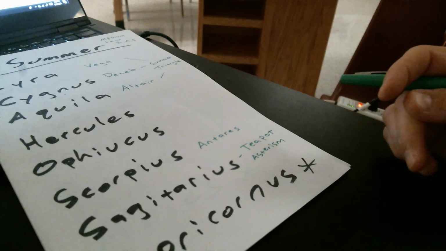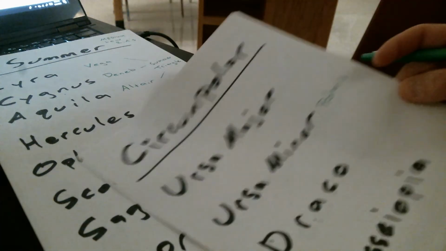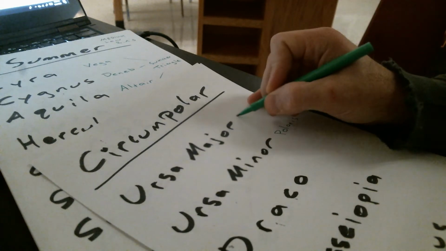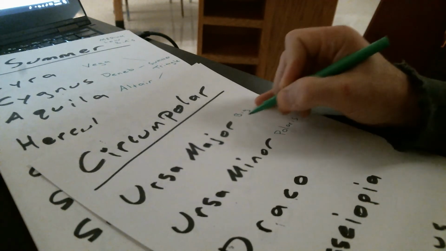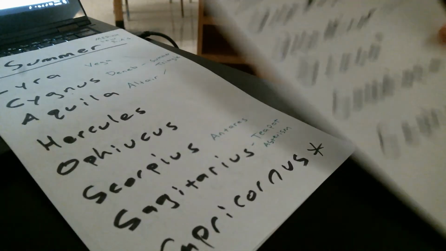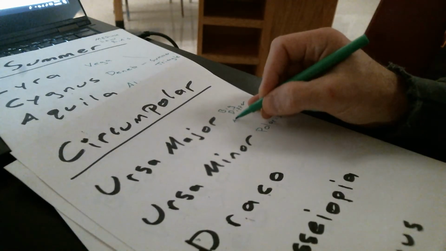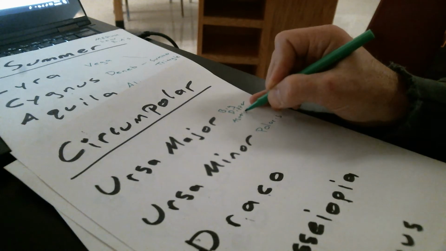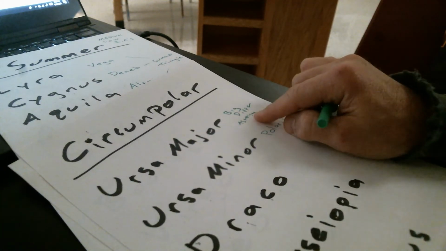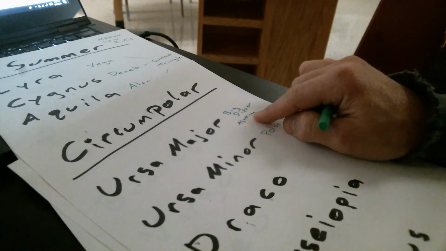It's very, very similar to Ursa Major, which you know has the Big Dipper as an asterism. So part of Ursa Major is the Big Dipper, which is just an asterism. That is just an easily recognizable shape.